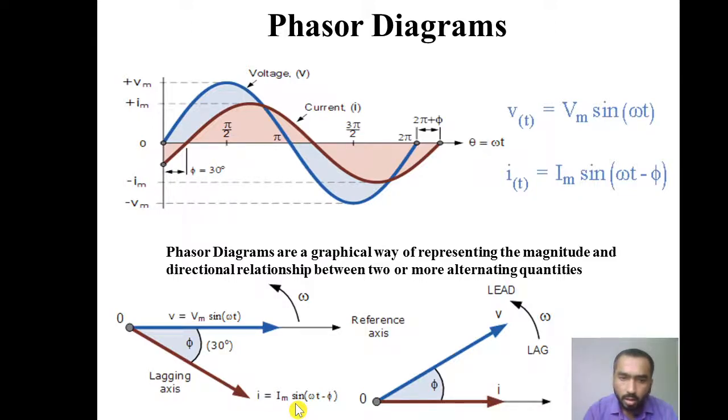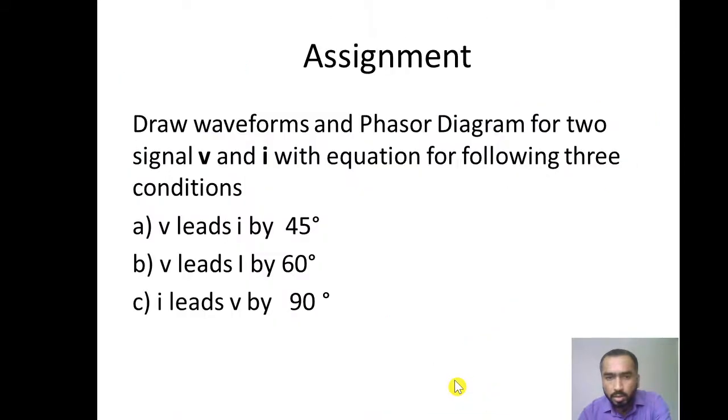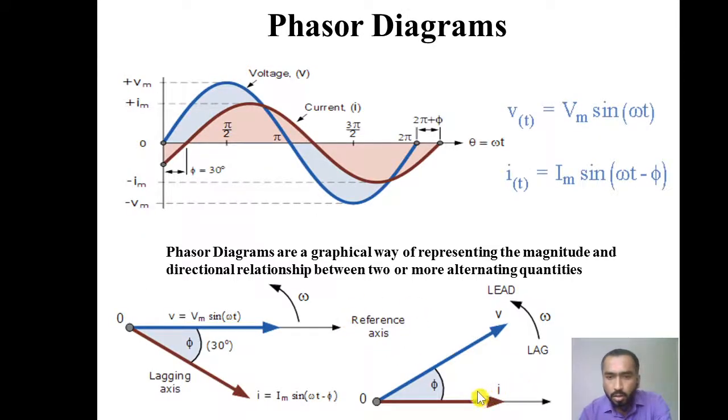Now the same phasor diagram we can draw in another way, that is this. Here we take the reference as current. The meaning of this phasor diagram and the previous one is the same, only the reference is changed. Here on the reference axis we take voltage, but in this figure on the reference axis we take current.